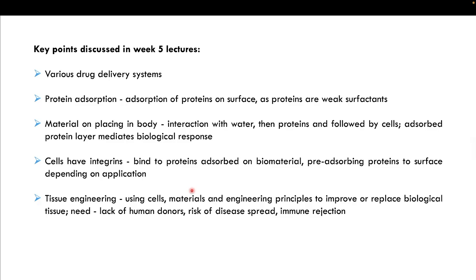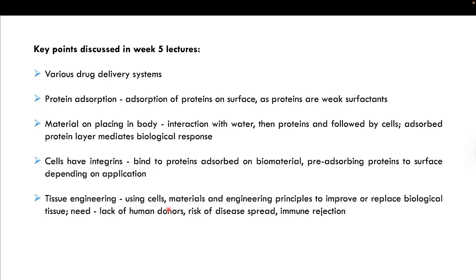So first of all, why do we need tissue engineering? It is because there's a lot of anomaly between demand and supply. A lot of people need organs because they might have gotten into an accident or their organs are failing. So there are a lot of patients who are always in demand of healthy organs. But on the other hand, there are not many human donors available.